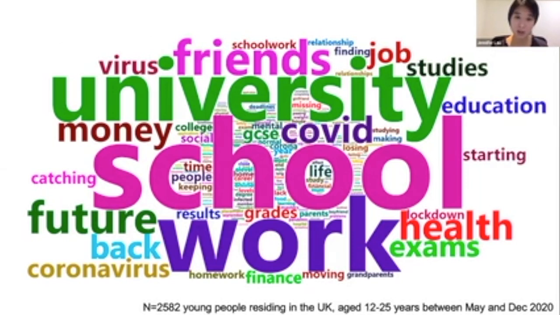This is a word cloud of what young people said when we asked them what they were worried about during the pandemic. And although a lot of them were worried about university, school and work, friends came out quite high as well. The size of the word here indexes how many people mentioned that as a worry.